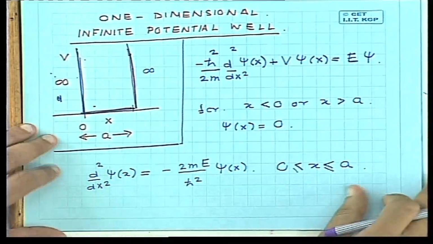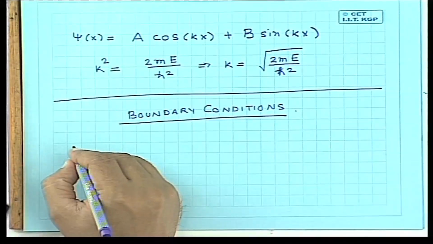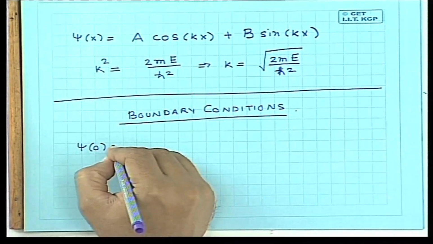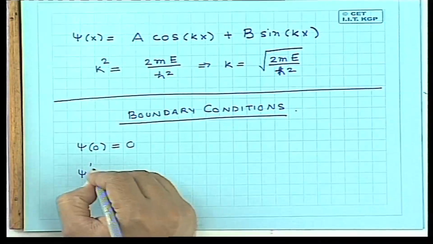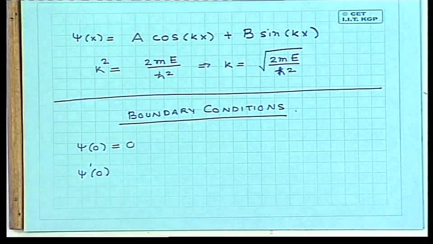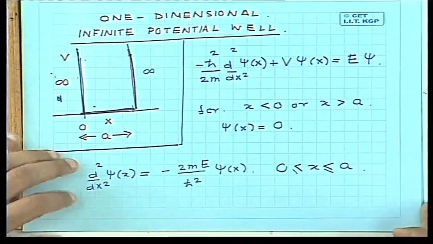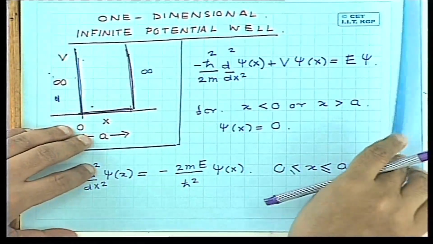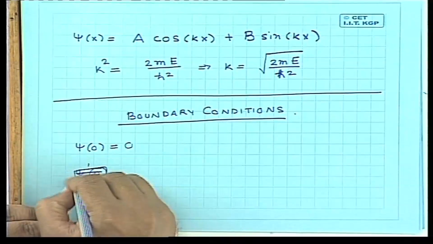Okay, so we have to impose the boundary condition that psi at 0 is equal to 0. In this case we cannot apply the condition that the first derivative is continuous.